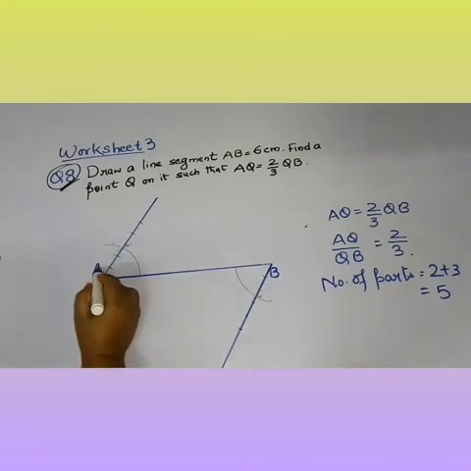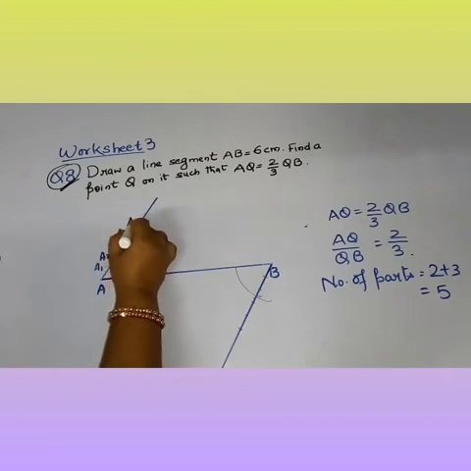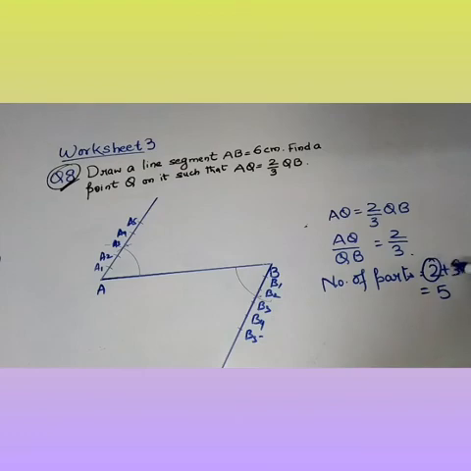Let it be A1. Now this is 2, this is 3, so we'll join A2 with B3.